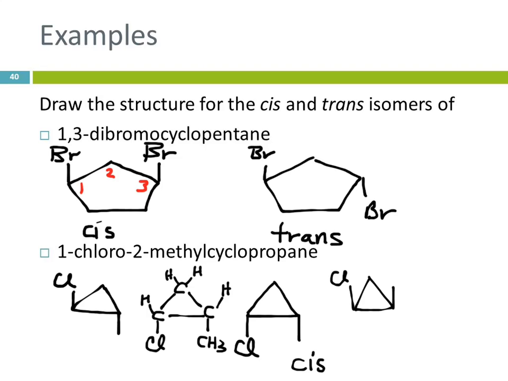I could put the chlorine here, and I could put the methyl over there. It's the same thing. So imagine this molecule, and the different drawings are just a different perspective on the same molecule. And so you have to have some spatial visualization of these models.